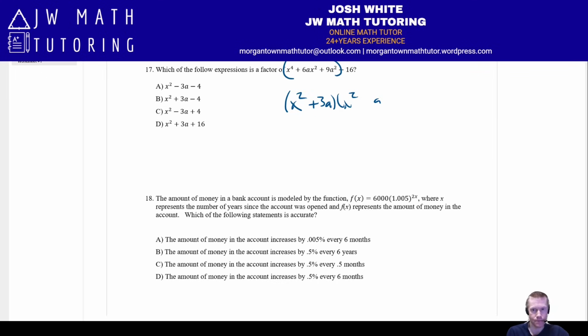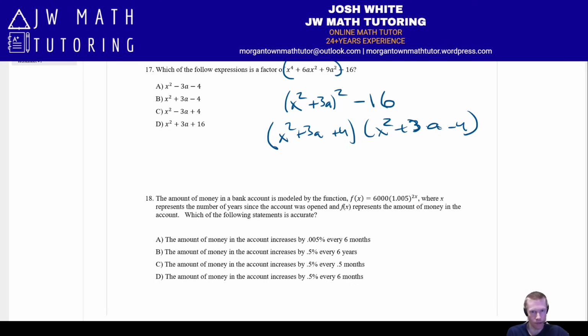However, I'm going to write it like this, and then I have the minus 16. Now it factors as a difference of squares. So I'm going to get x squared plus 3a plus 4, x squared plus 3a minus 4.